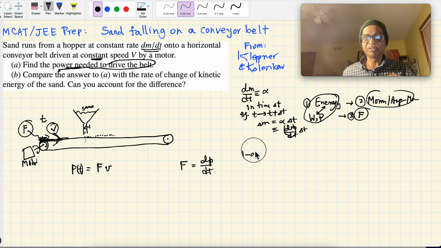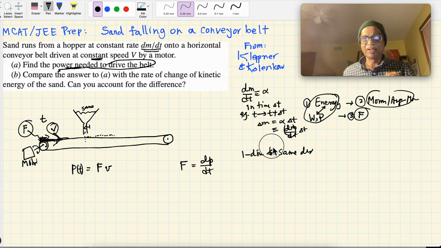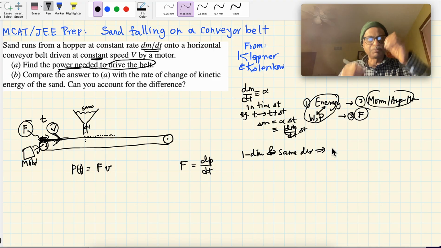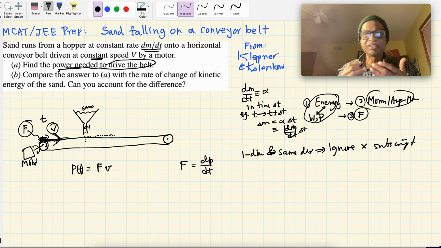It's one dimensional, same direction, not flipping back and forth. And same direction means just ignore the x subscript. If it's not necessary, why put it, all right? So that's the case.